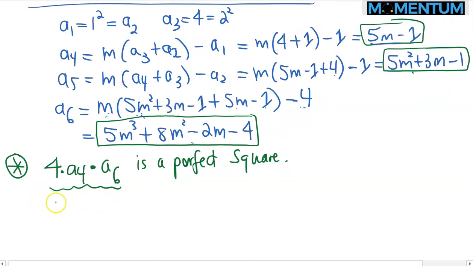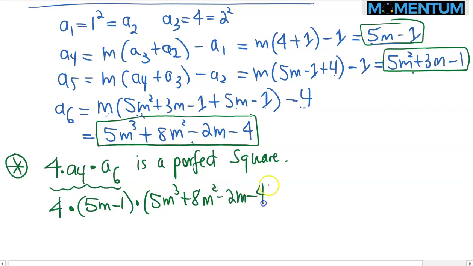So let's plug in these values. Basically, we are saying that 4 times A4 is just 5m minus 1. A6 is that monster, 5m cubed plus 8m squared minus 2m minus 4.